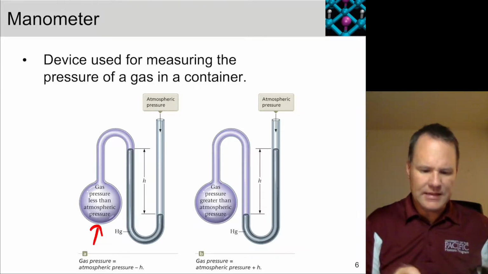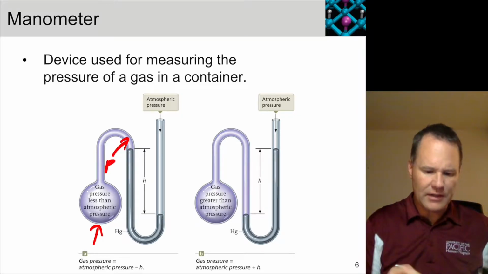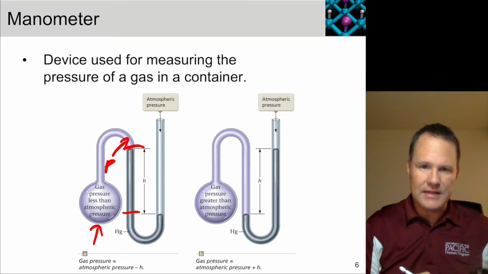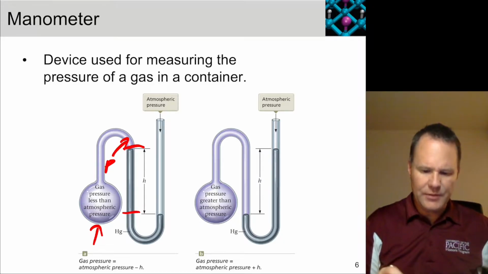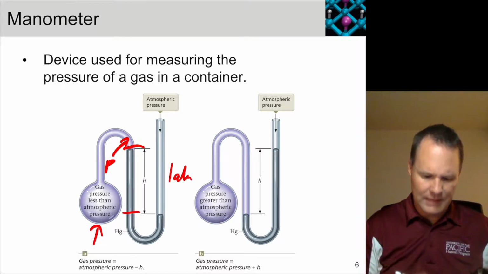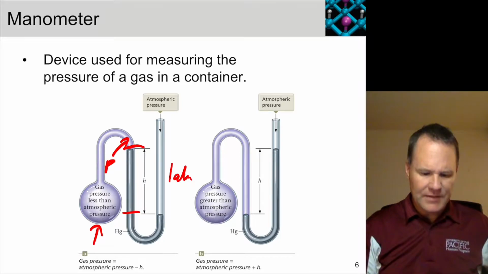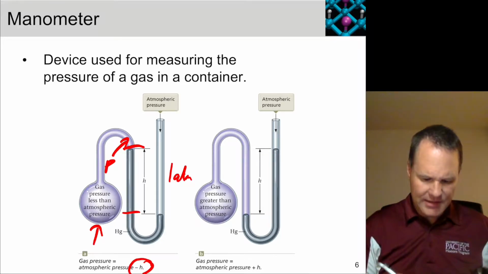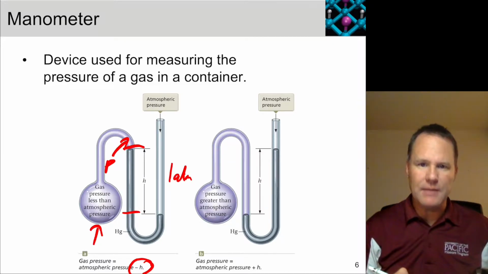Then the pressure of the gas, plus the pressure that is coming from this column of mercury, together will give you the atmospheric pressure. So outside here, let's say we have 1 atmosphere, or whatever the atmospheric pressure is that day, and so the gas pressure here would be this atmospheric pressure minus the height of the mercury, because the inside pressure is smaller than atmospheric.